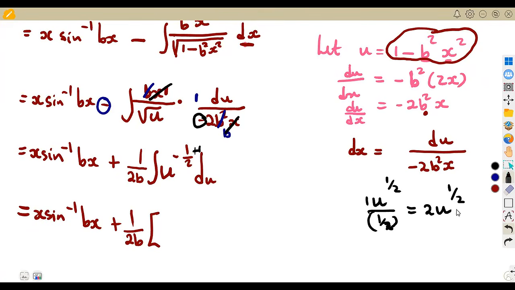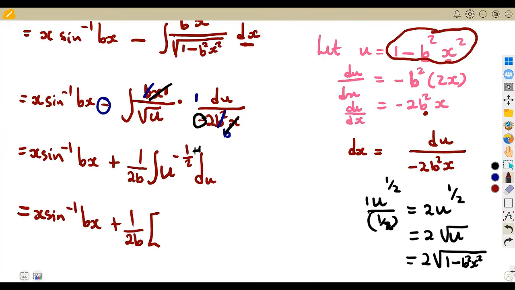And we all know that to the exponent of a half means the square root. So it was going to be 2 square root of u. And we all know that the u that we are talking about is this one that we said u is. So it is going to be the square root of 1 minus b squared x squared. So now we have to write this as 2.